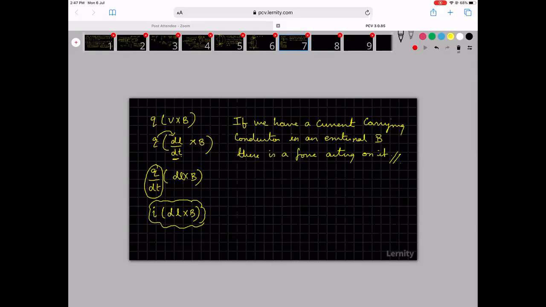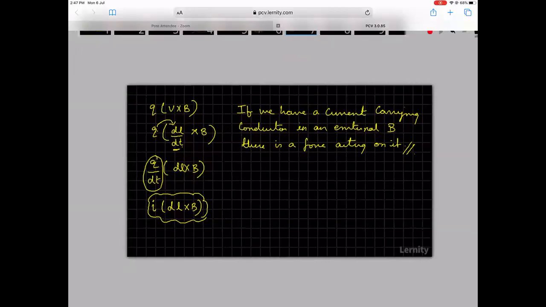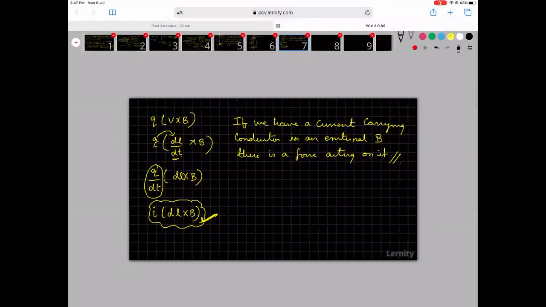If current is moving charge, then the charge has some velocity. So based on that, this is the force acting on a current carrying conductor placed in a magnetic field.